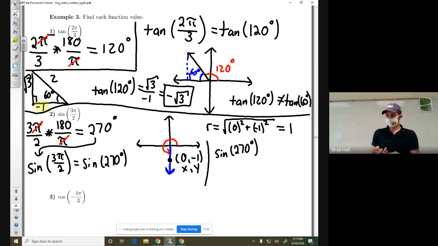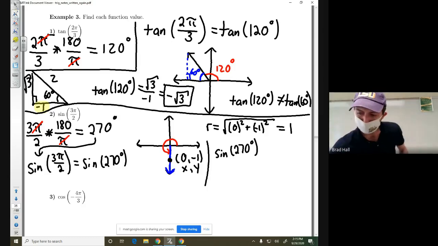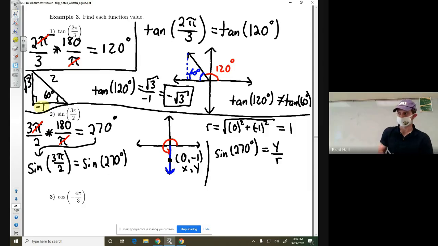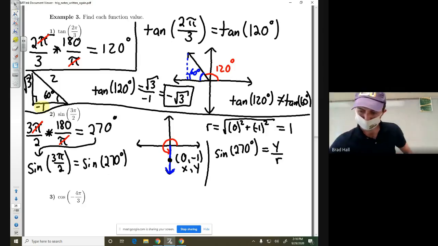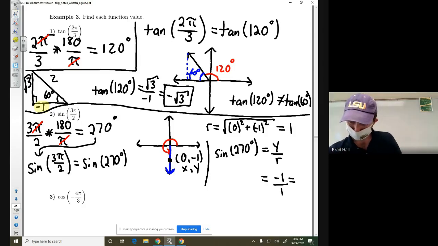Sine is y divided by r. That was the general formula for sine. So it is y for sine and not x. It's y for sine. So it's just a matter of filling in. -1 for y divided by +1 for r. We just get -1.